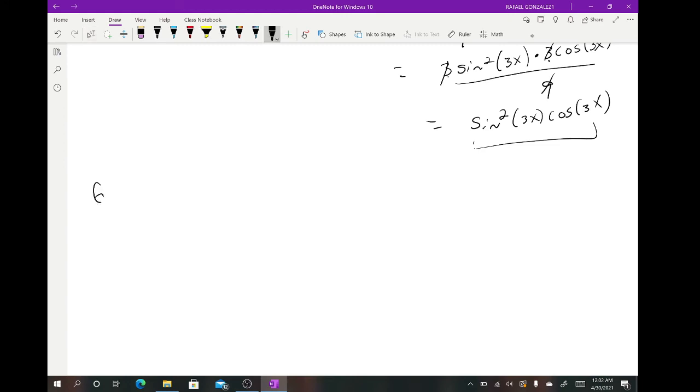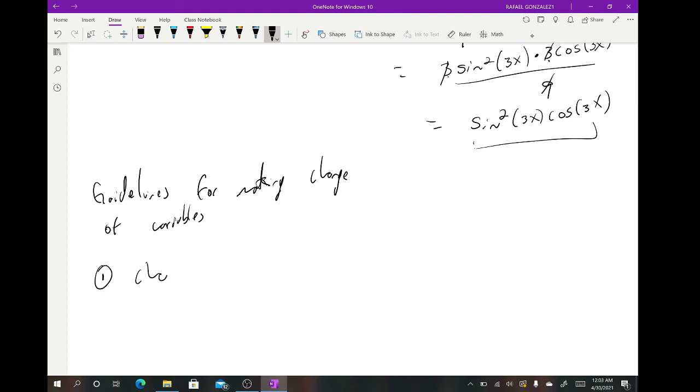So there are some guidelines for making change of variables that you should know. And they are as follows. The first thing you want to do is to choose a substitution u equals g of x.